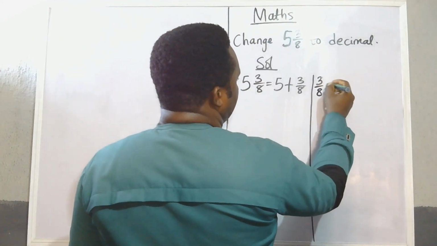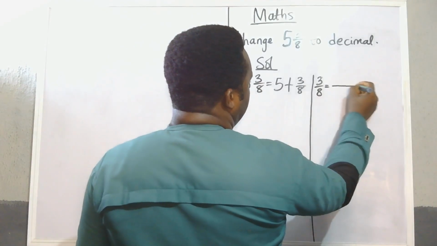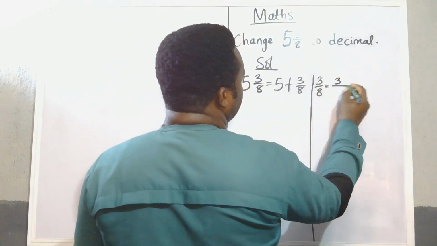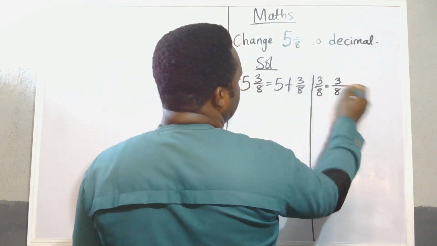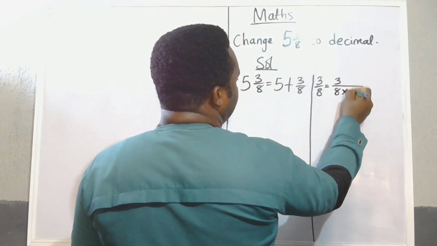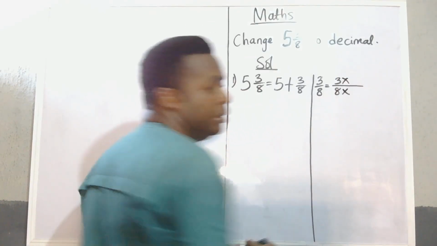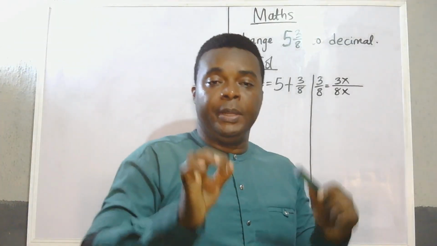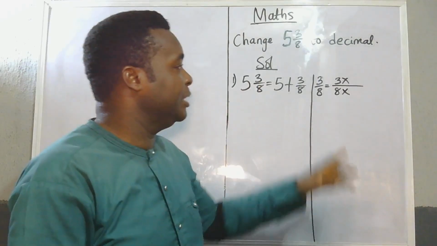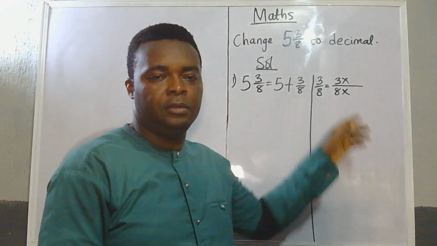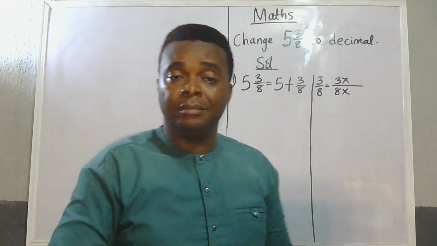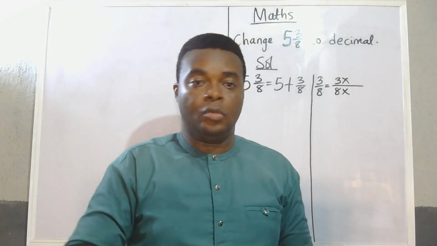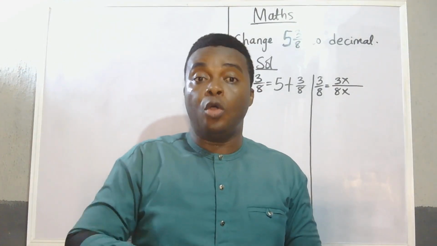3/8 equals 3 over 8 times. Now, I'm going to think about a number that I'm going to multiply with 8 to make it either 10 or 100 or 1000.